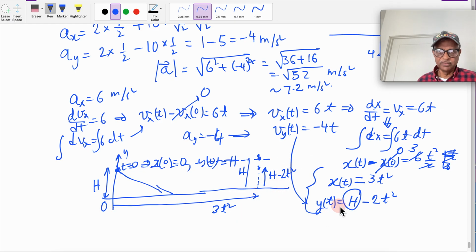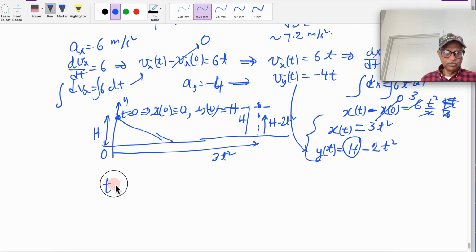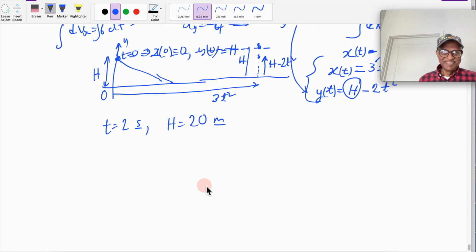So if I give you h and give you t, so t equals 2 seconds and h equals, say, 20 meter, very tall. Okay, just absurd numbers.